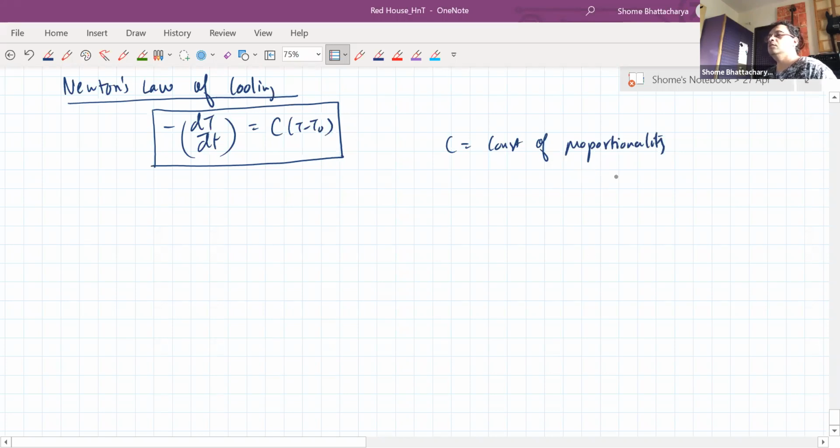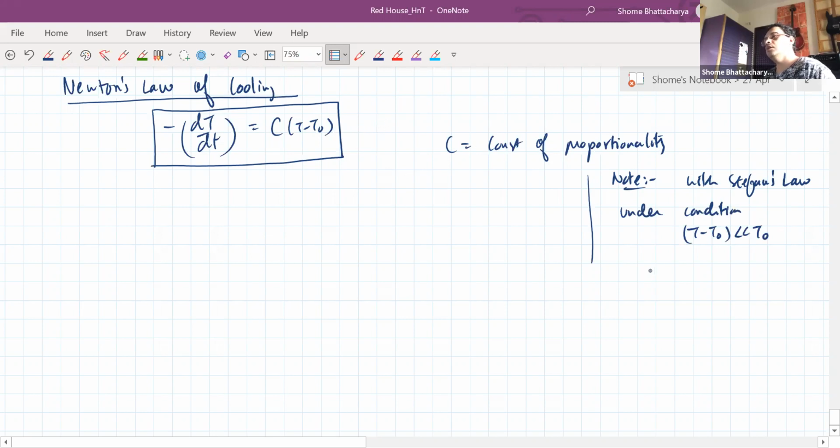If you relate this with Stefan's law, under the condition that T minus T naught is very small compared to T naught, then you get that constant of proportionality as actually equal to 4 times e sigma S into T naught to the power 3 divided by, let's say, C prime, where C prime is the heat capacity.